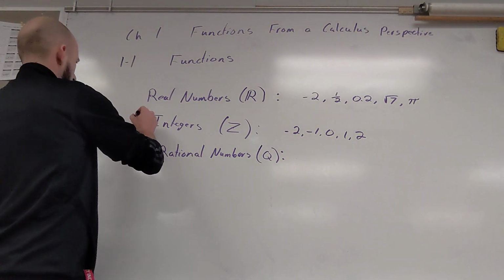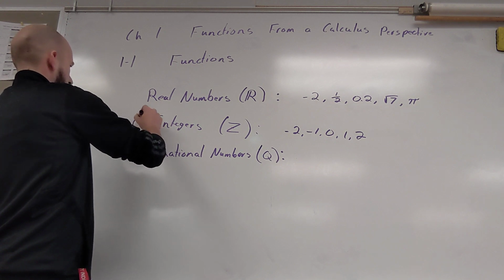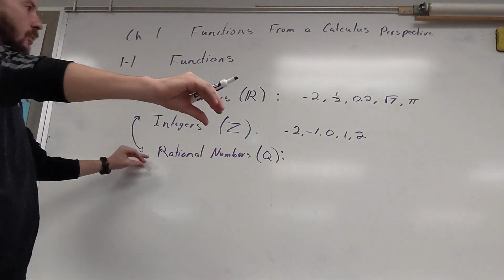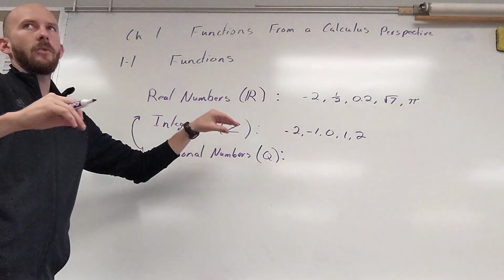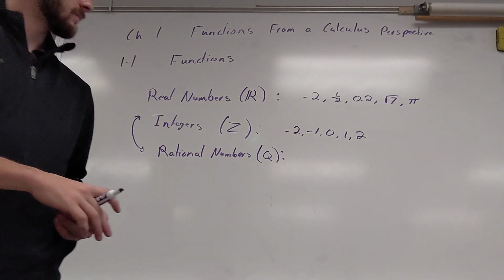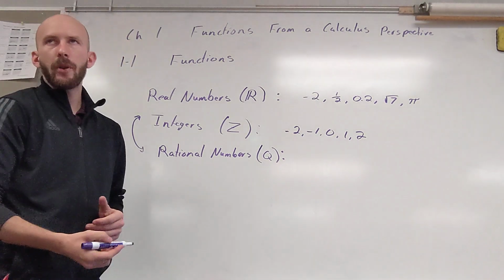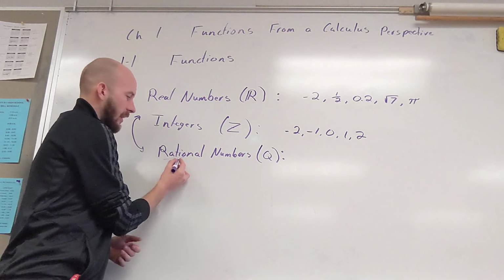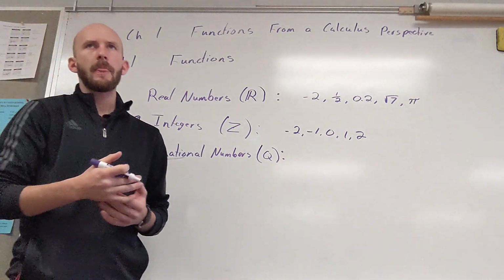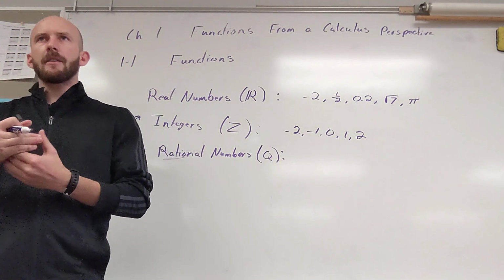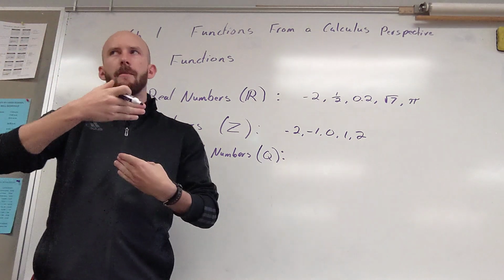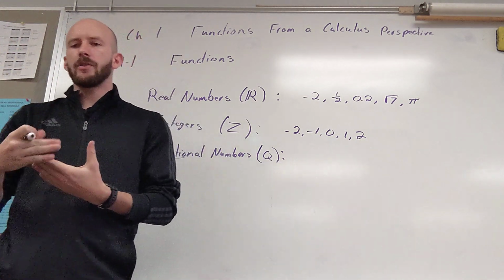I'm just going to put an arrow over here because it doesn't matter too much, but technically rational numbers is a more broad category than integers. How I remember rational numbers is I look at the root word, ratio. Rational numbers are anything that can be expressed as a ratio of two numbers, A over B. So that's all of your fractions.